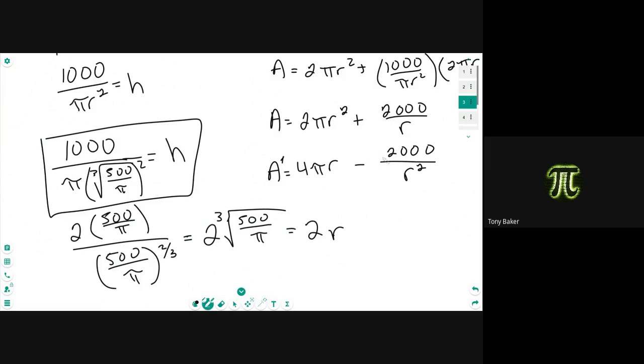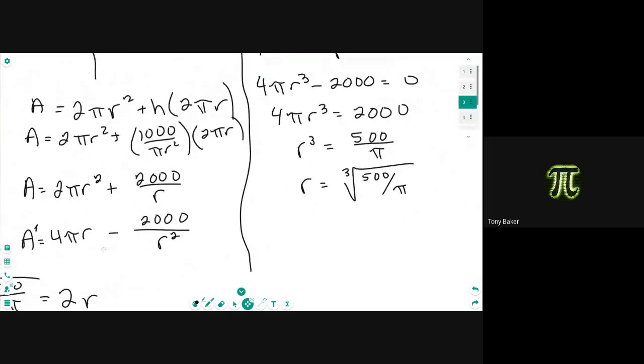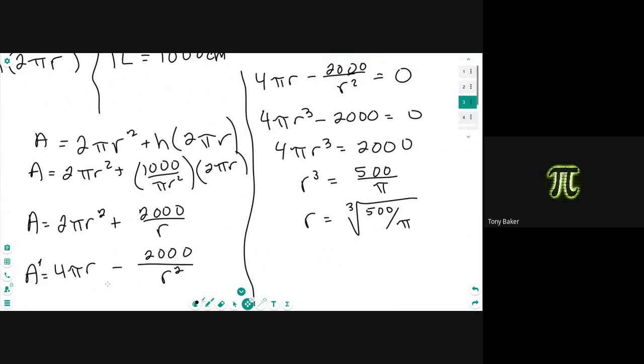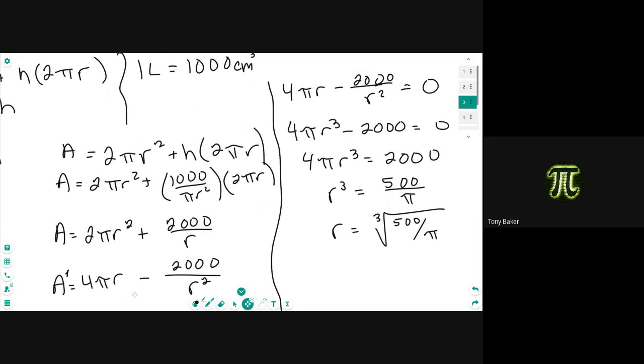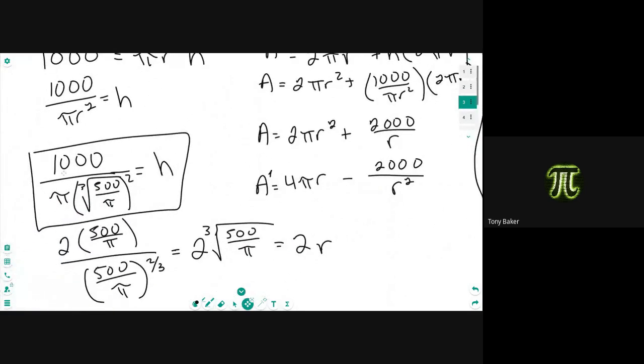If you actually reduce that down to a decimal, it would be 2 times whatever the radius actually was. So the radius is gotten because of the 1,000, and then it's 2 times whatever that radius is. So, which is that big mess?